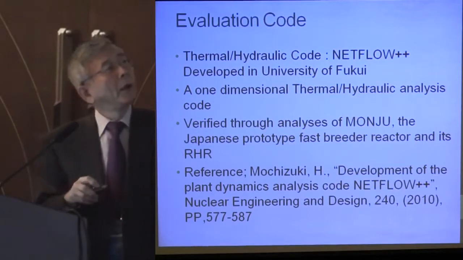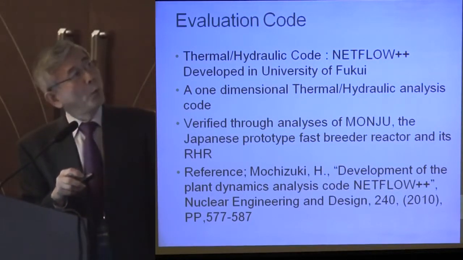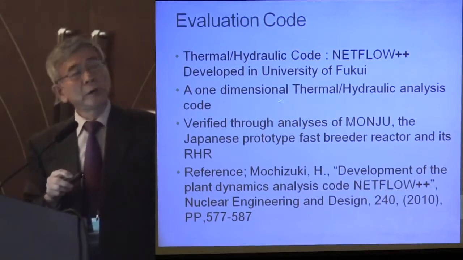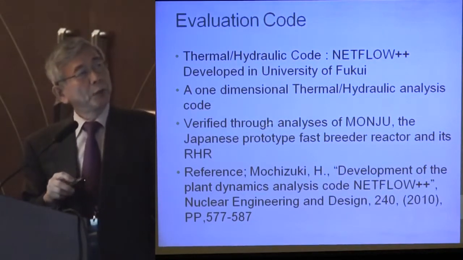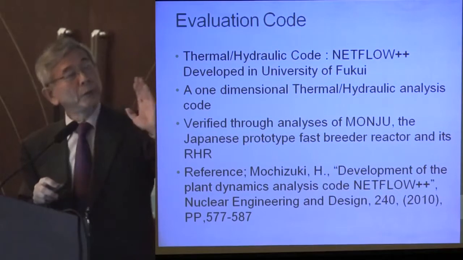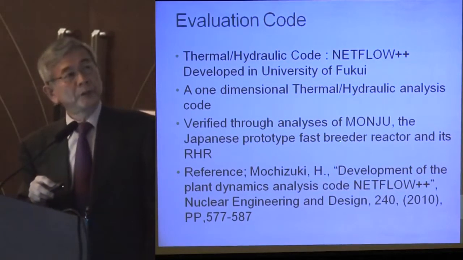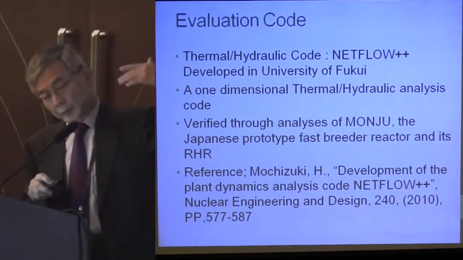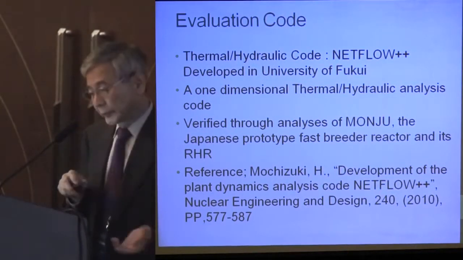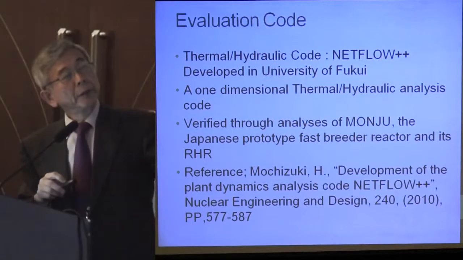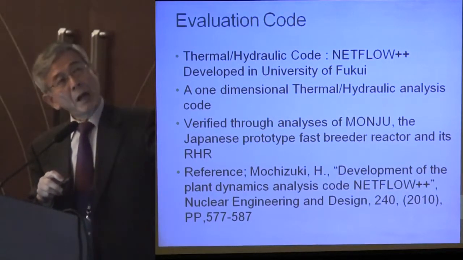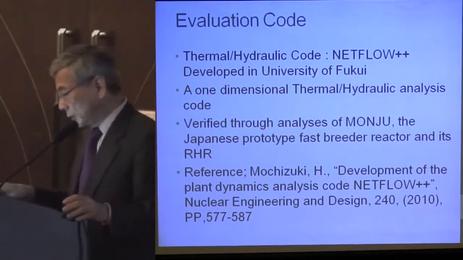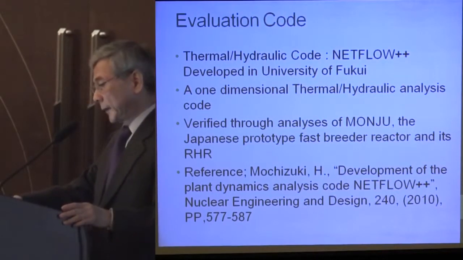It is a one-dimensional thermal hydraulics analysis code, and it has been verified through analysis of Monju, the Japanese prototype fast breeder reactor, and its residual heat removal system. They analyzed performance and compared it with the measured temperature transient.